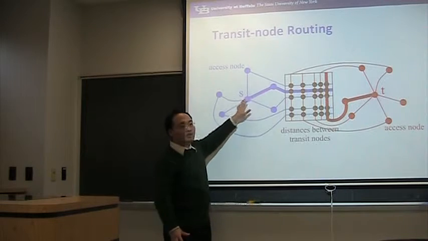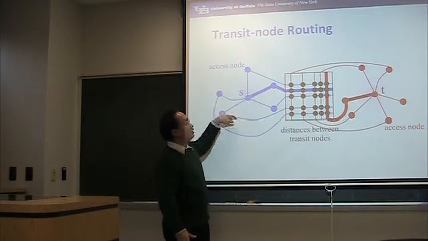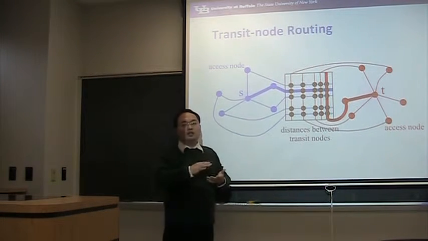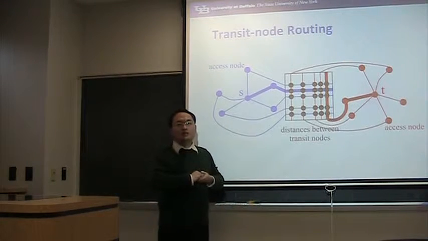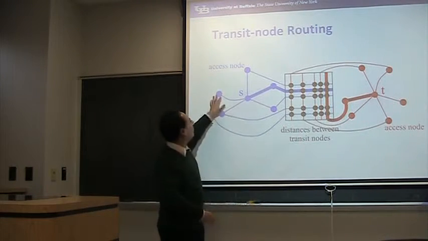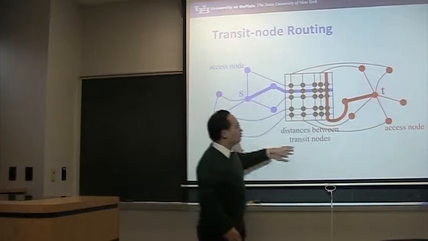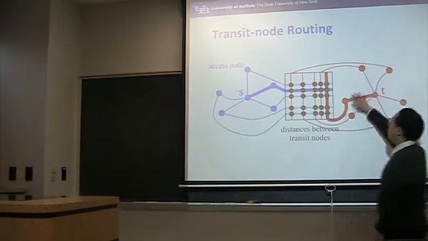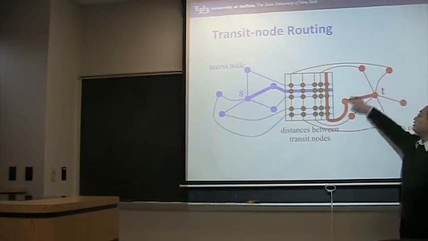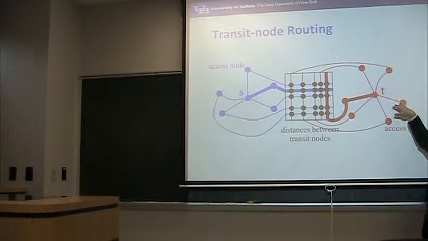Okay, so S is in layer L. Access nodes are in layer L plus 1. Okay, so you find several paths. And for the destination, you can also do a shortest path query, and you will find several adjacent access nodes.